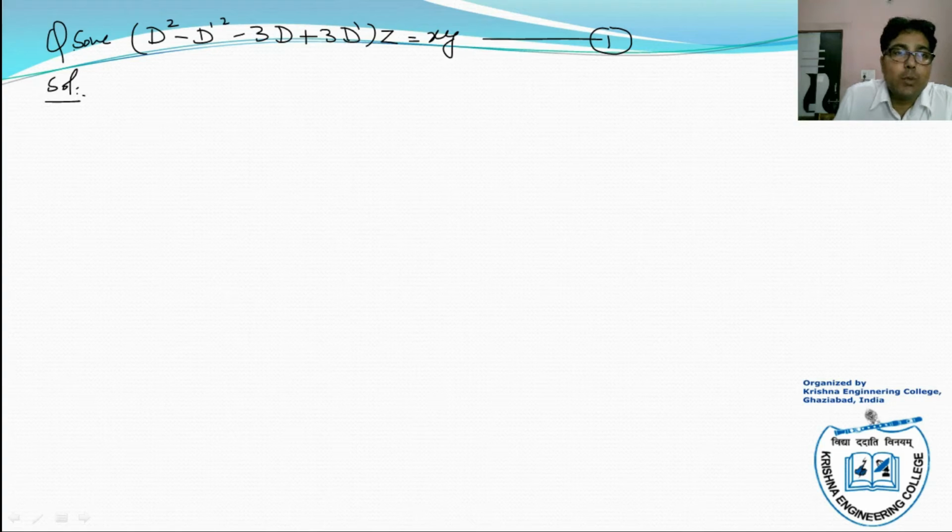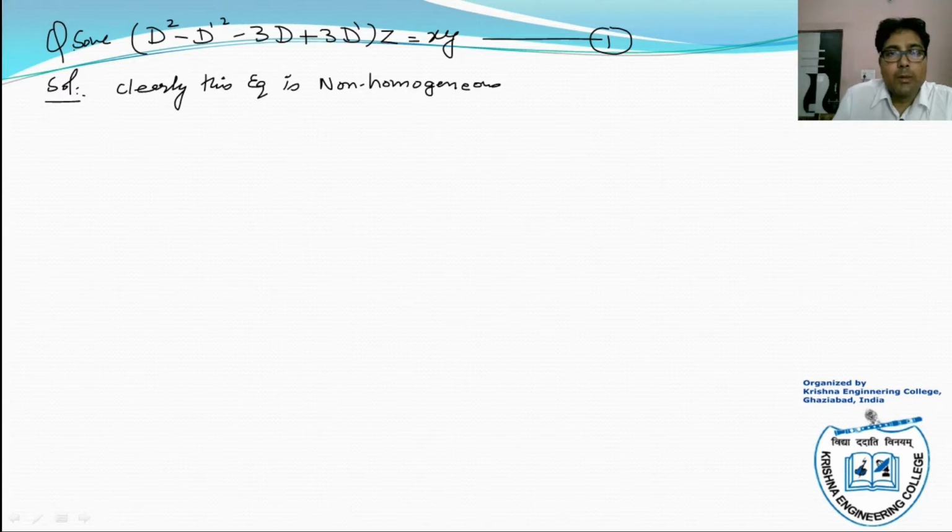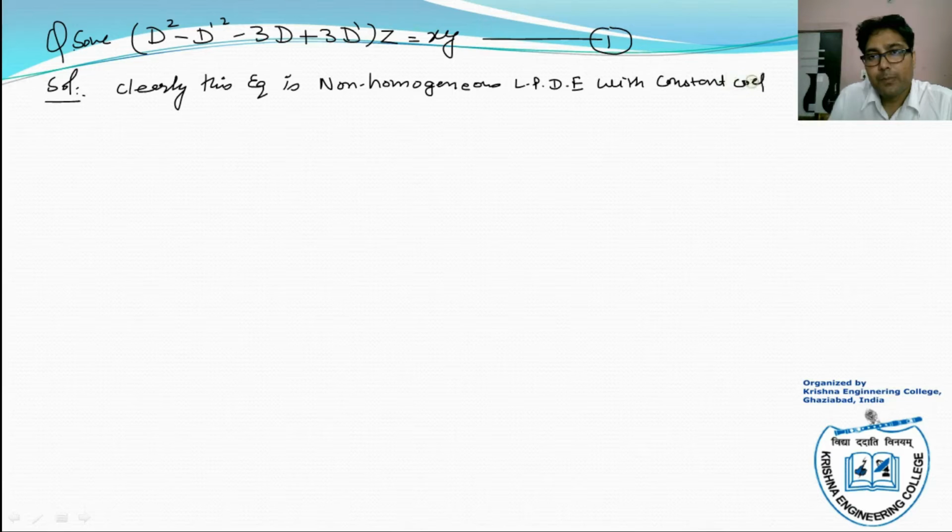Clearly this equation is a non-homogeneous linear partial differential equation with constant coefficients. Clear? Because this equation does not contain the same degree in each term.